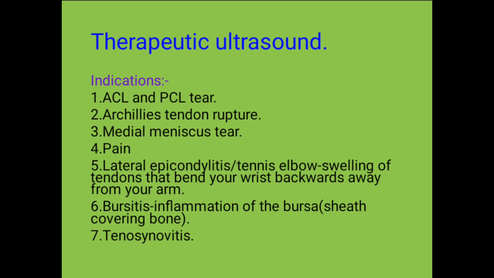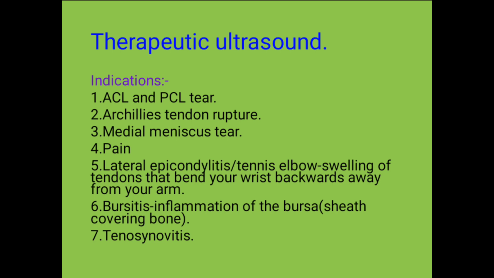And tennis elbow is just the swelling of tendons that bend your wrist backwards away from your arm. So when there is an inflammation in those tendons, most of the time it will occur around your elbow joint. That's why it is called tennis elbow.